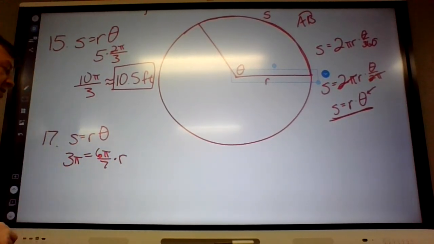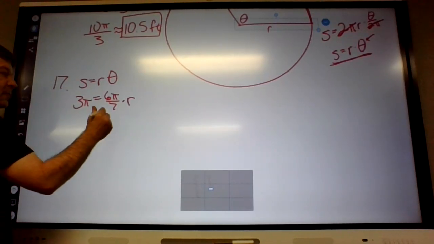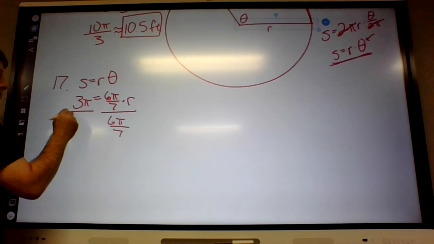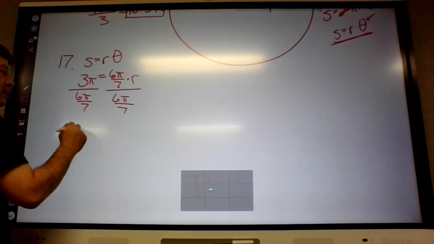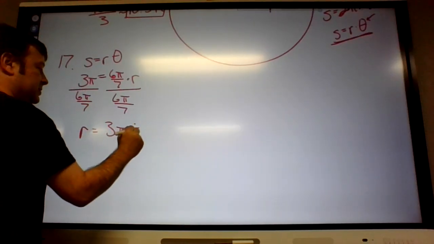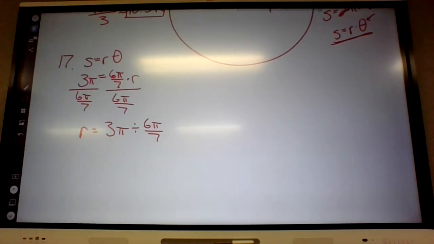How are we going to solve this for r? 3 pi divided by 6 pi over 7. In your calculator, you could plug in 3 pi divided by 6 pi over 7. That'd be the easiest.